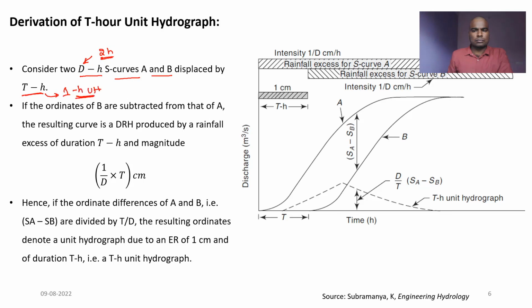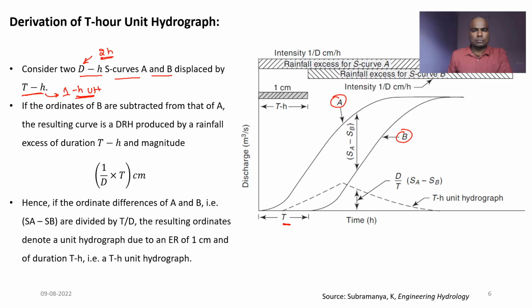So consider two 2-hour S curves A and B displaced by T hours. Look at the figure on the right side, which I have taken from the Subramanya book. Now lag these two curves by T hours.